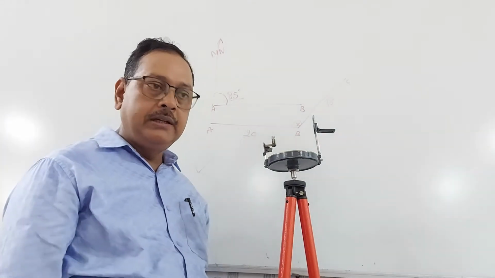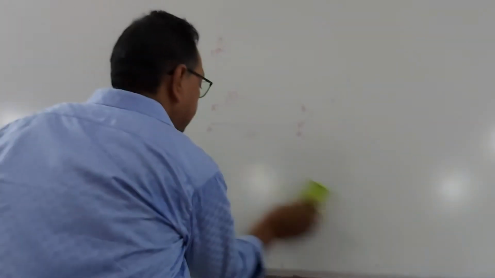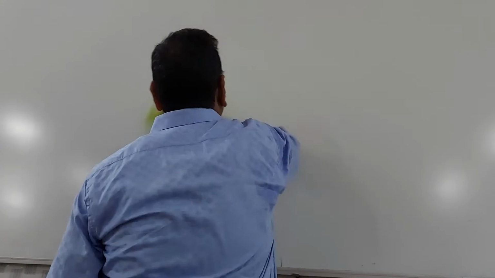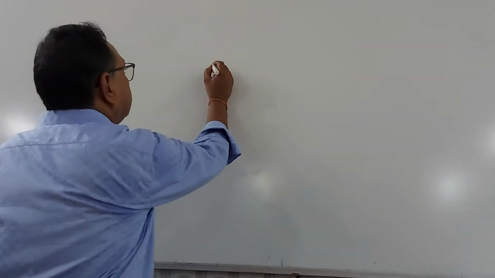Now the second part is compass traversing. So I am giving you details of compass traversing. Right? So see, suppose your required area is a quadrilateral, meaning having four sides like this one.